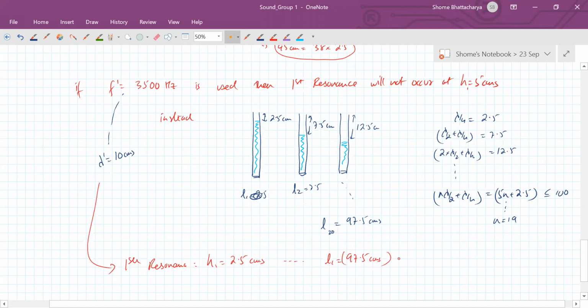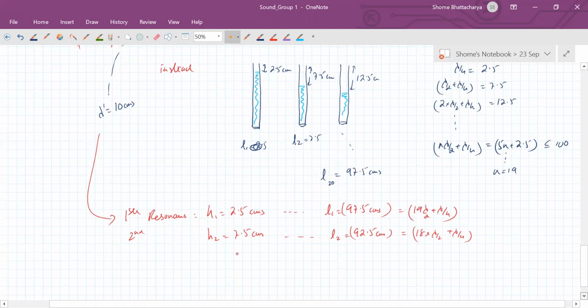So that one would be 19 lambda by 2 plus lambda by 4. Then the second resonance would occur at 7.5 centimeters height, or the length of the column would become 92.5 centimeters, and that would be equal to 18 lambda by 2 plus lambda by 4. And like that we continue in that series.